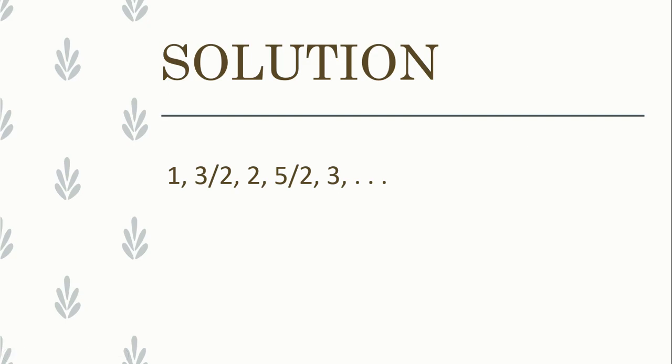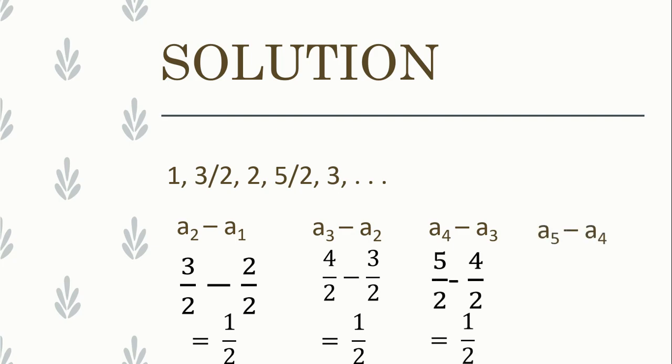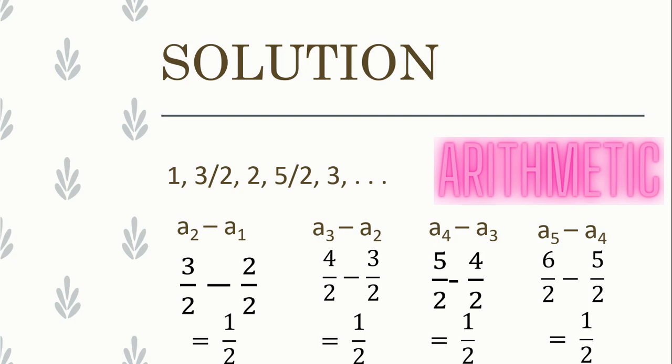The given sequence is 1, 3 halves, 2, 5 halves, and 3, and so on. Let's verify if it has common difference. So as you can see, it has a common difference. Therefore, the answer is arithmetic.